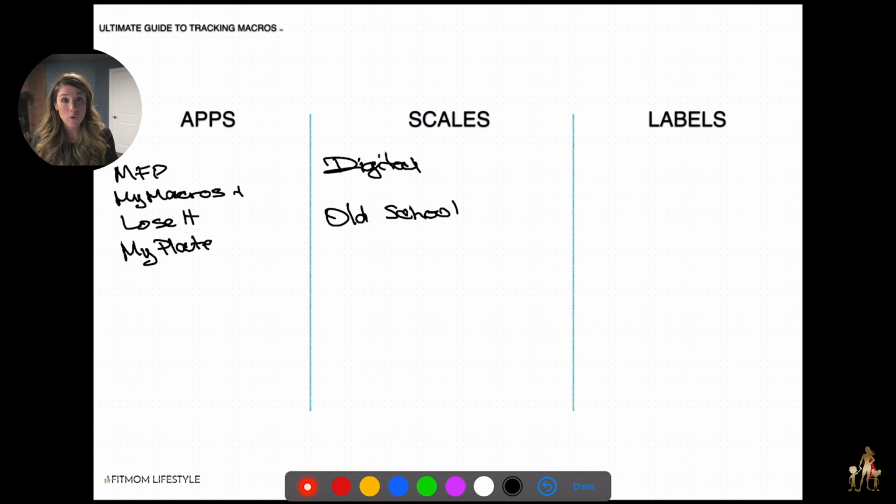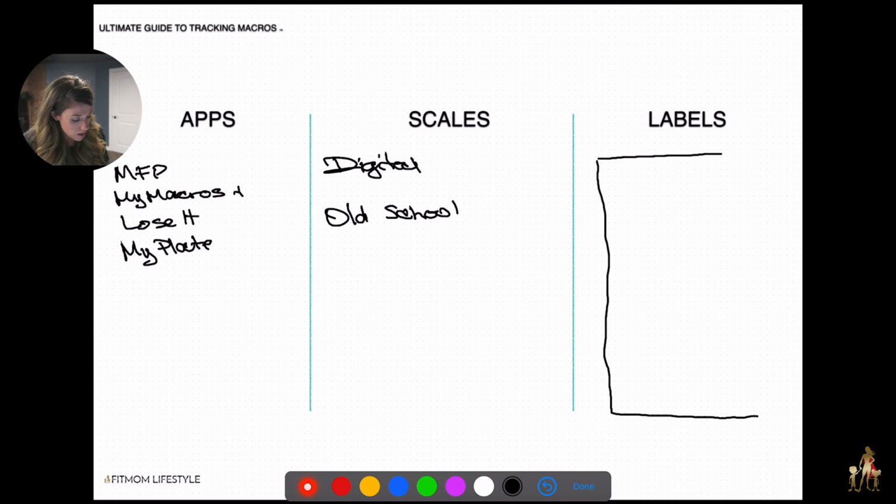So then the question becomes, what am I looking at when I am reading labels? Okay, again, I apologize for the chicken scratch here, but let's say this is our nutrition label. On the front of the package, it says 100 calories. Well, is it 100 calories for the whole thing? Or is a serving 100 calories? So you're going to have your serving size.